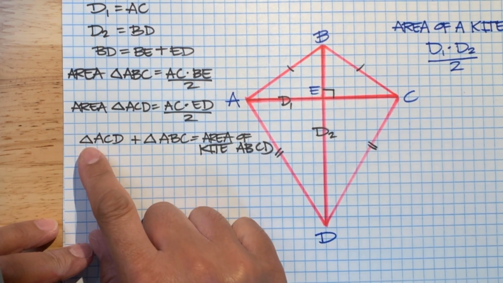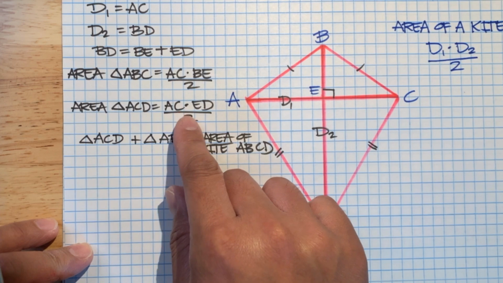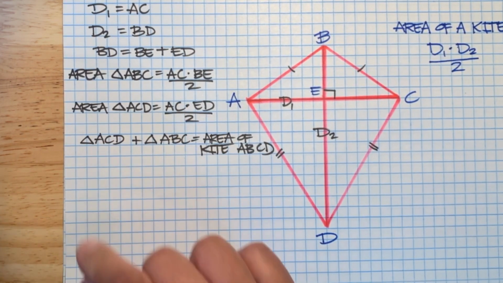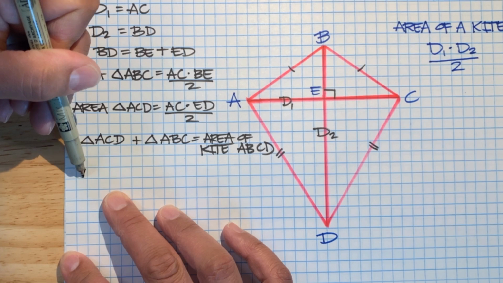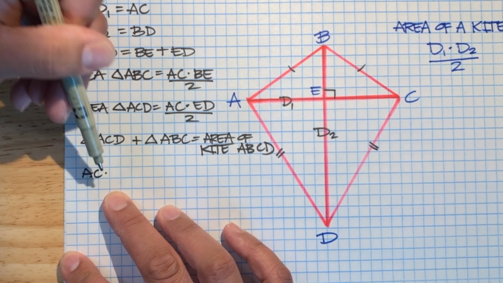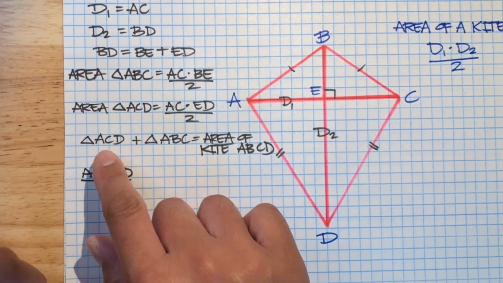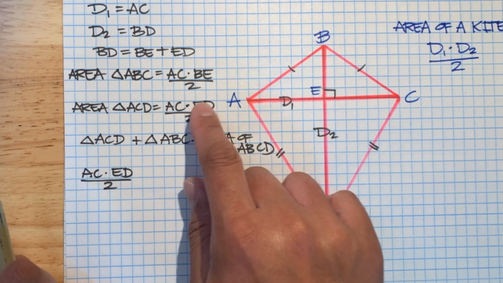Okay, so triangle ACD. Oh, actually, let's start. Yeah, triangle ACD is this. We just said that. So I'm going to substitute this with its area, AC times ED over 2. So we stated that triangle ACD is equal to this right here.